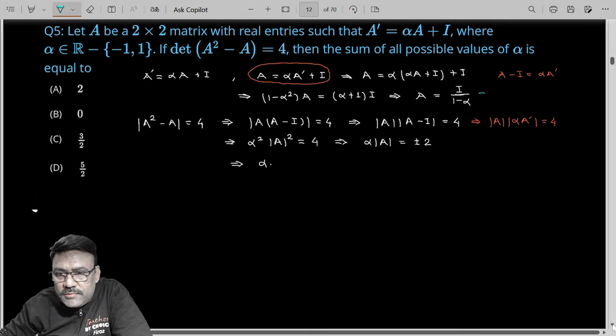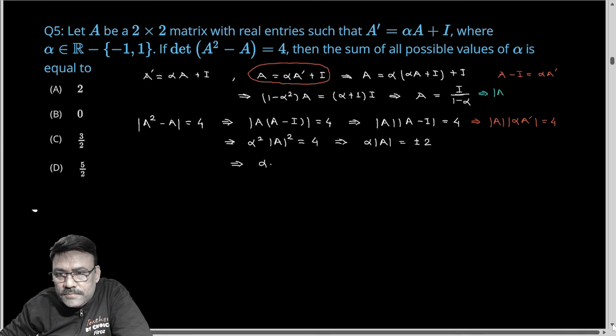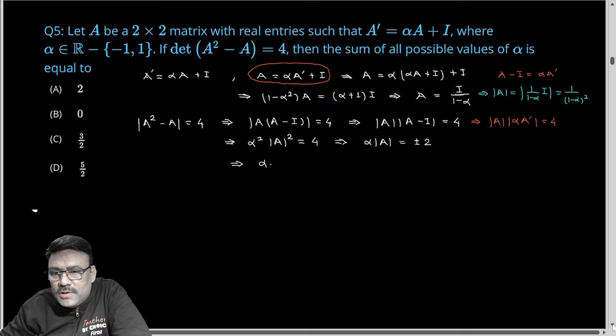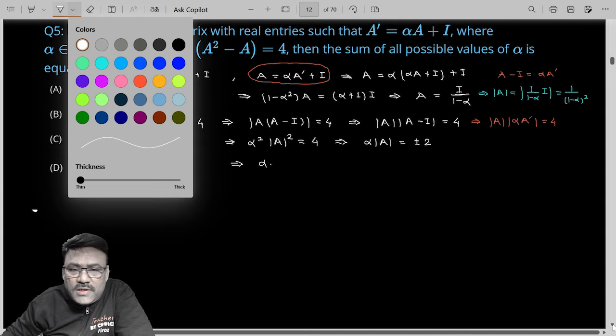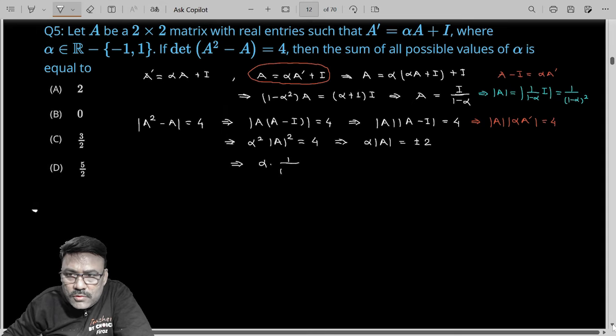If I take the determinant of A here, it is the determinant of 1 over 1 minus alpha times I. So the determinant of I will be 1, so the determinant of A is 1 over (1 minus alpha) whole square.